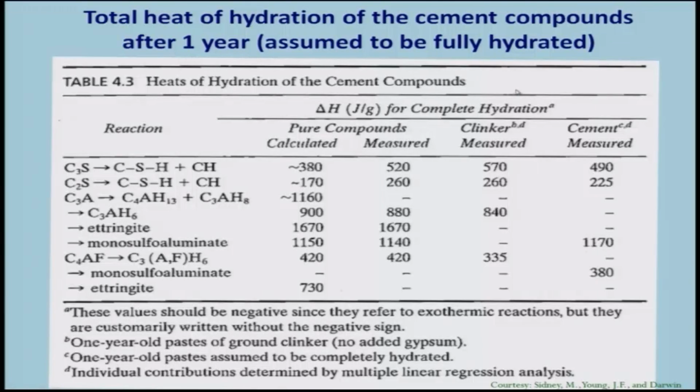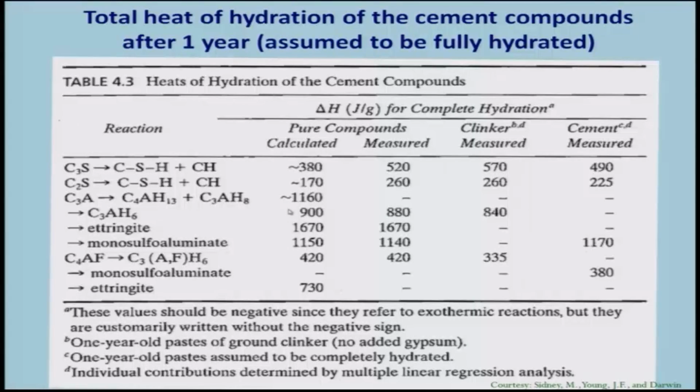In reality, complete hydration does not take place, but we take a hypothetical situation that if 100% of the cement grains are hydrated, then approximately 380 joules per gram of heat is evolved from merely this reaction, hydration of tricalcium silicate. Likewise, for C2S it is 170, and for C3A it is 1160, extremely high.